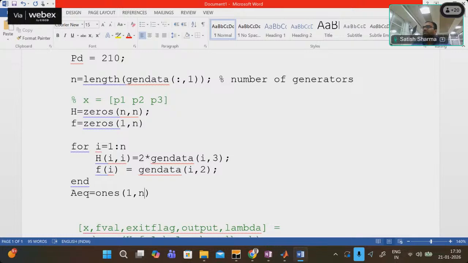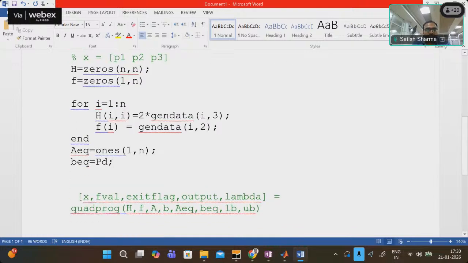So I have 3 generators, it will be a row vector of 3, and if there are 4 or 5 generators, it will be the number of generators. So I'm writing a generalized code here. Then we have BEQ, which equals PD, which we have defined above, which is 210 here.